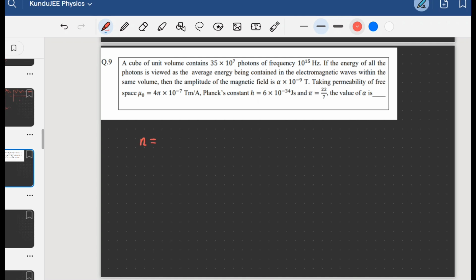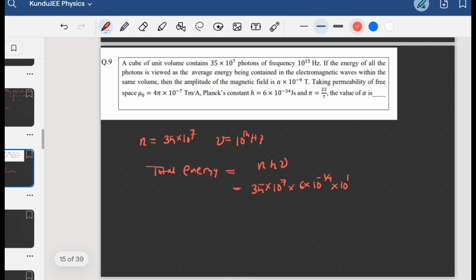The number of photons that is contained in unit volume is given already, 35 into 10 to the power 7, and each of it is having frequency of 10 to the power 15 hertz. So the total energy of all these photons will be n into h nu, where n is the number of photons, 35 into 10 to the power 7. h is the Planck's constant, that is already given, 6 into 10 to the power minus 34, and frequency is given 10 to the power 15.